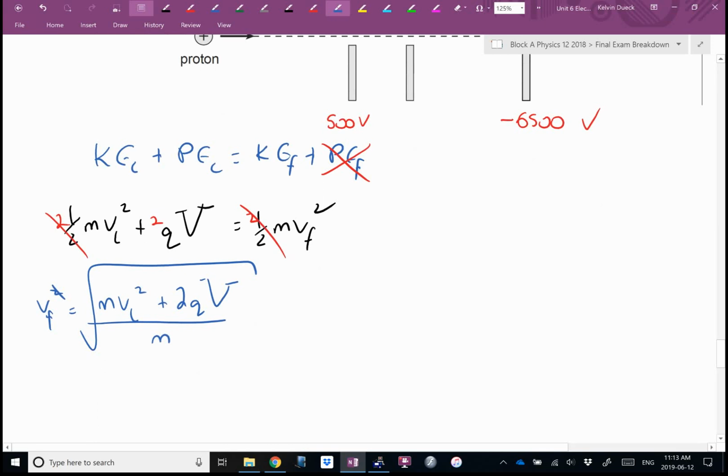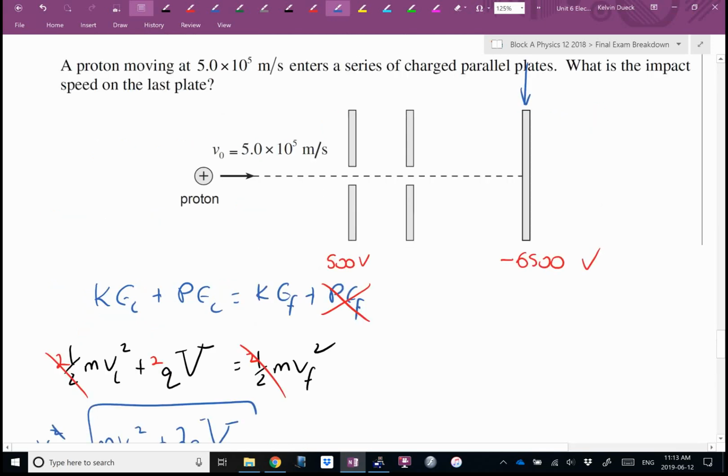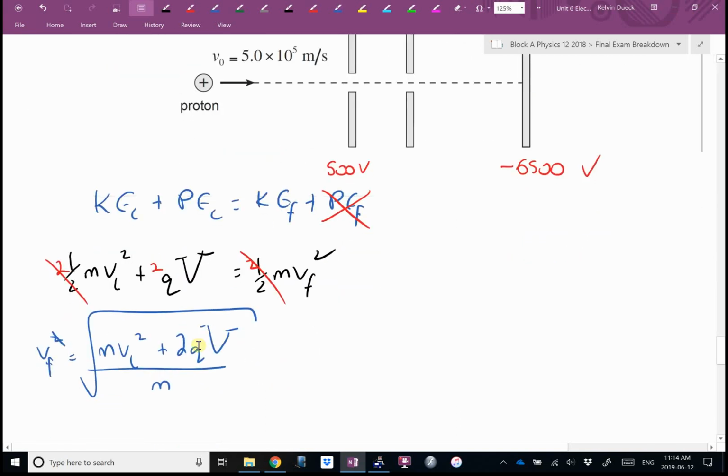What would I use for m? It's a proton. What is the mass of a proton? Times 10 to the negative 27. V, Johnny, you got me doing it again. v would be 5 times 10 to the 5th. Don't forget the squared. Q, it's a proton. What would the change in voltage be here?